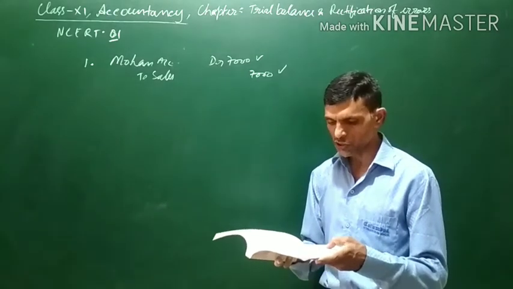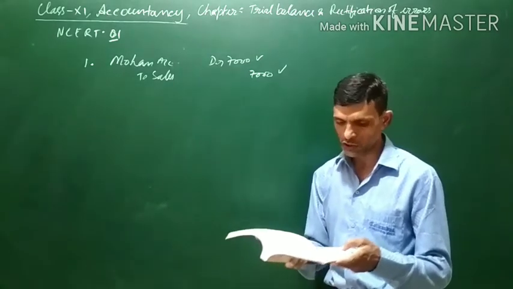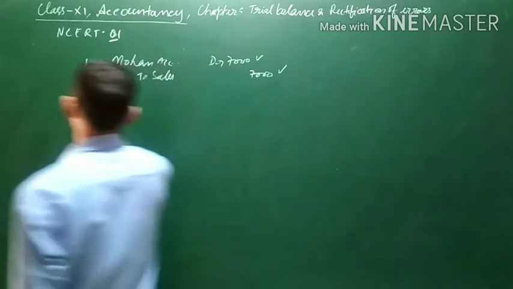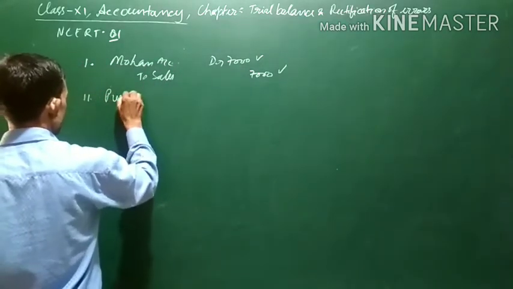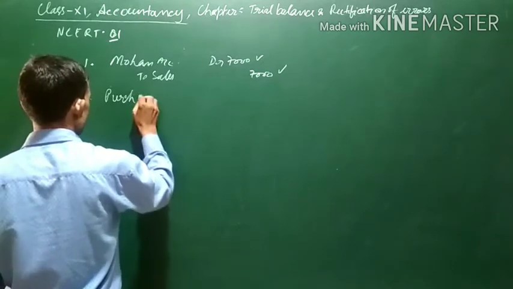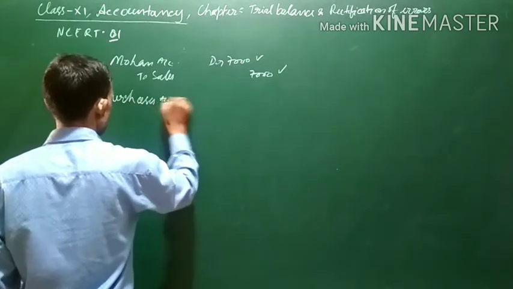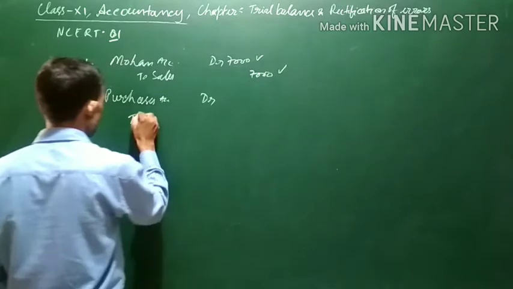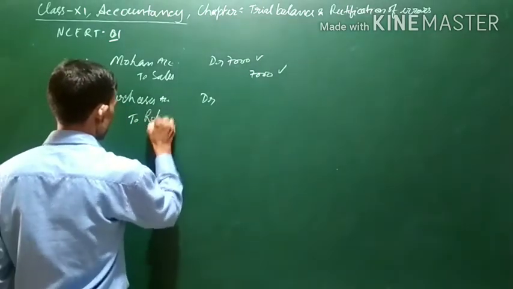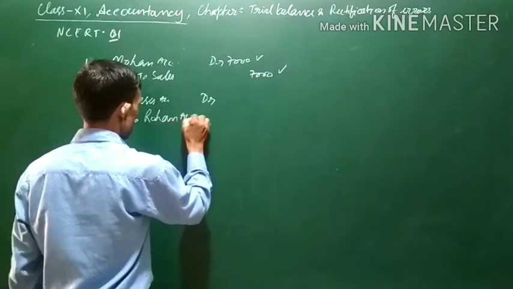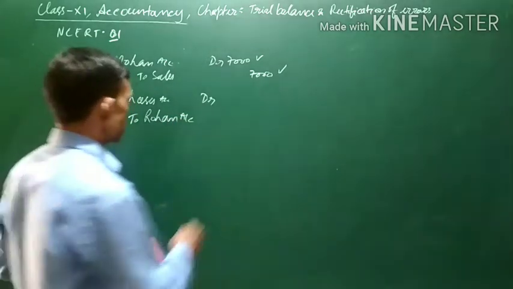Next is credit purchase from Rohan, 9,000 not recorded. Purchases have been made, so purchases account debit to Rohan account. The amount here is 9,000.